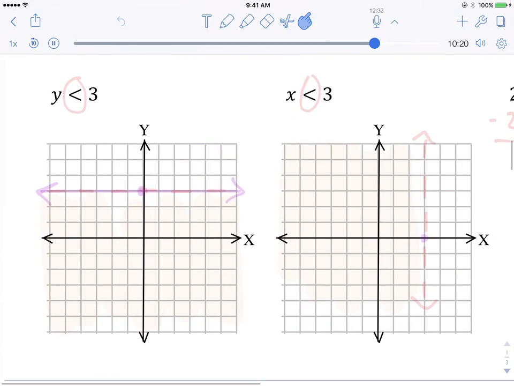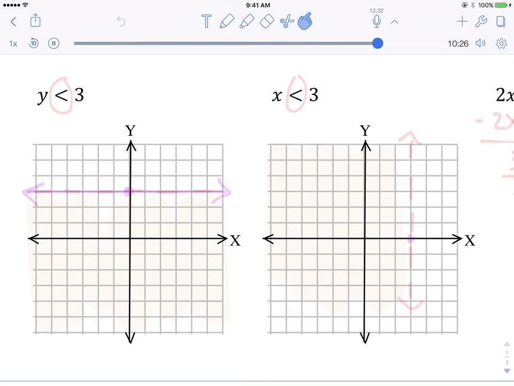In this example, y equals 3. Well, this is where y equals 3, and remember that this is going to be a horizontal line. y is less than 3, so we're going to shade below the line. x is 3 right here at this point.